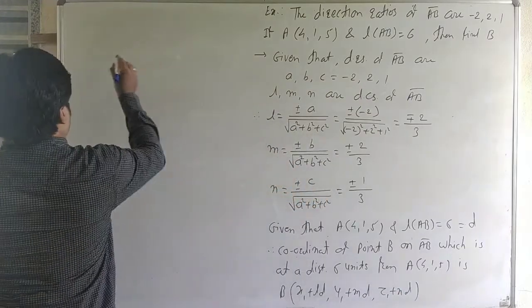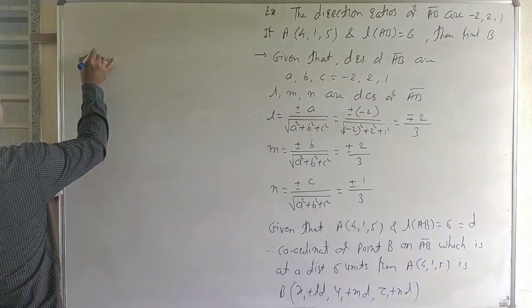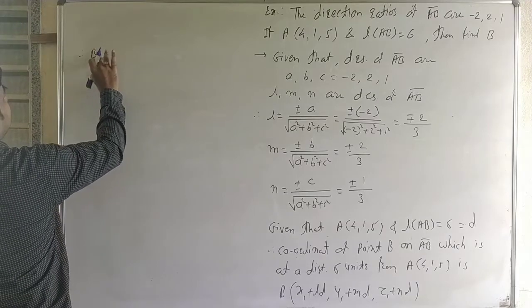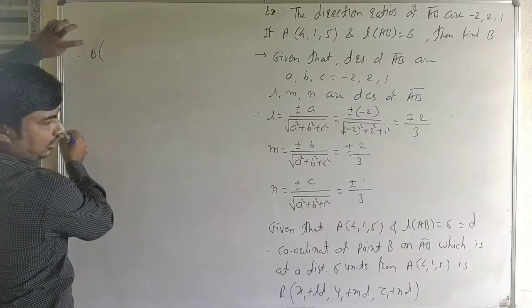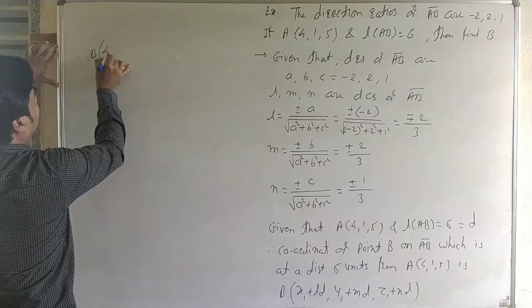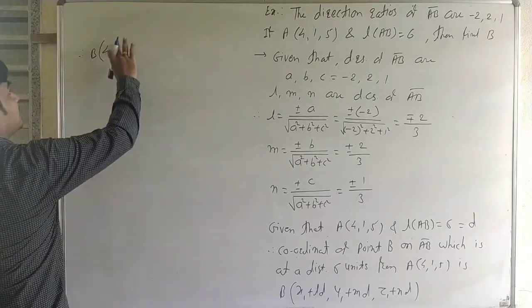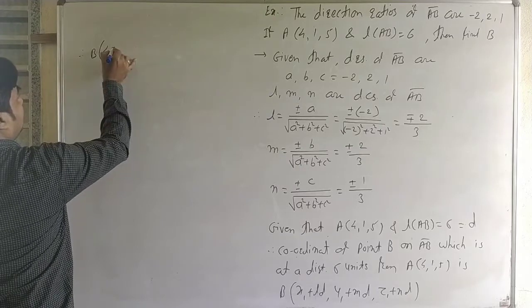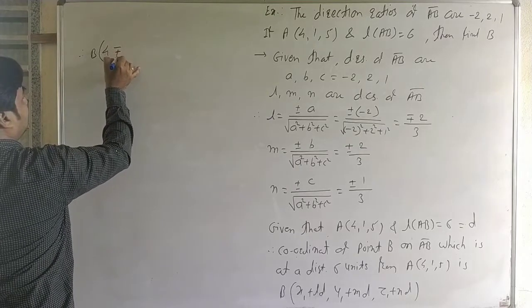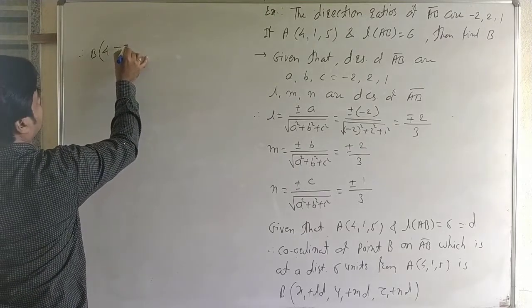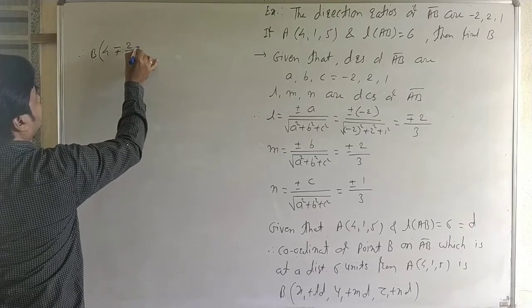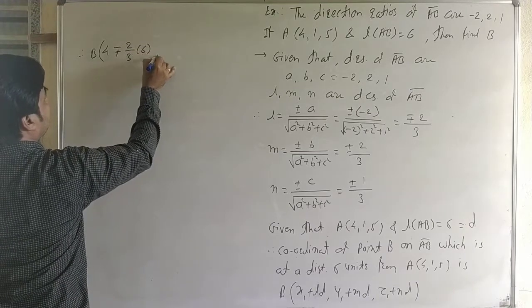Therefore here the coordinates of B: x1, that is the point 4, plus or minus, sorry, here L is minus plus 2 by 3 into 6, that is the distance.